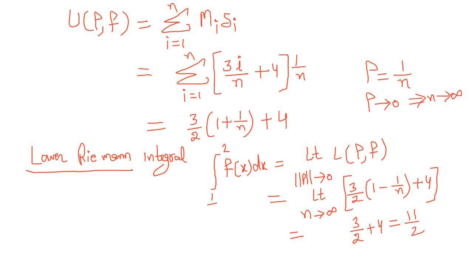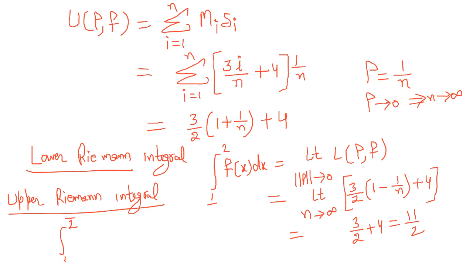And similarly, we will get here the upper Riemann integral. Okay. So it will be the integral from 1 to 2 of f of x dx, that is limit norm tends to 0, UPF.